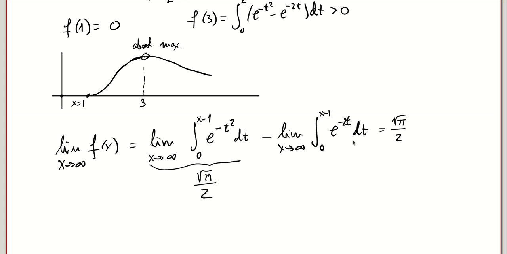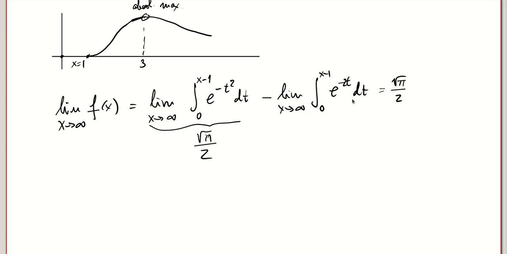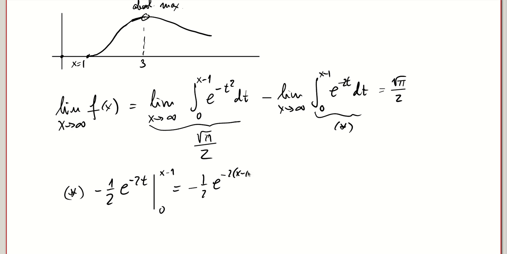Now for the second bit, this is an integral that we can calculate, right? The primitive of this exponential is minus 1/2 e to the minus 2t, and we have to evaluate this at 0 and x minus 1. Which is minus 1/2 e to the minus 2(x minus 1), minus, with this minus becoming a plus, 1/2.